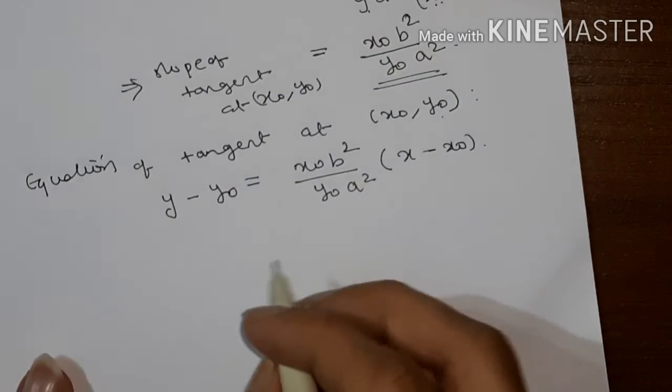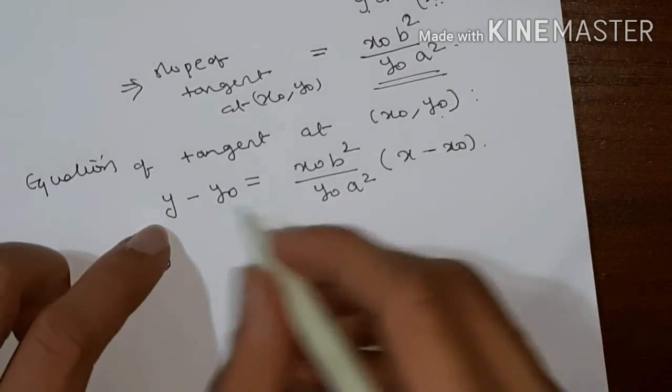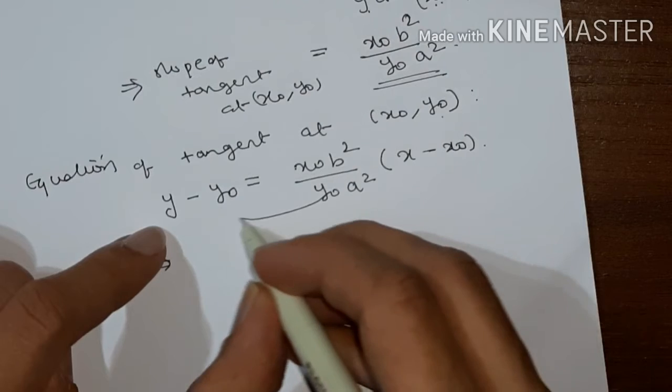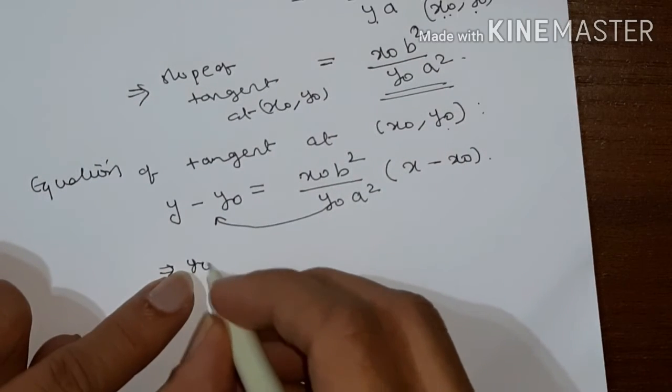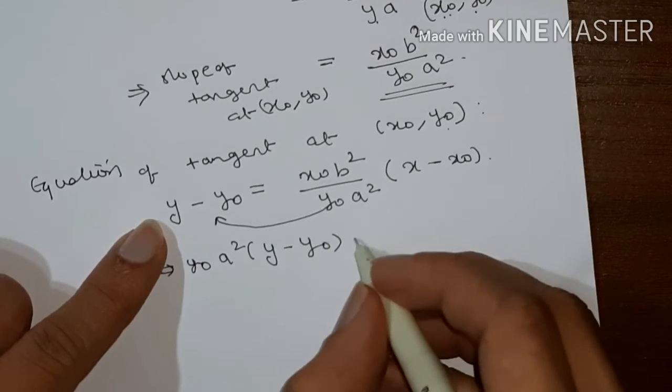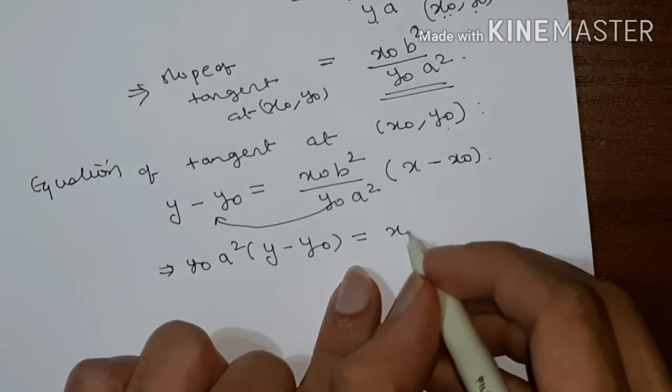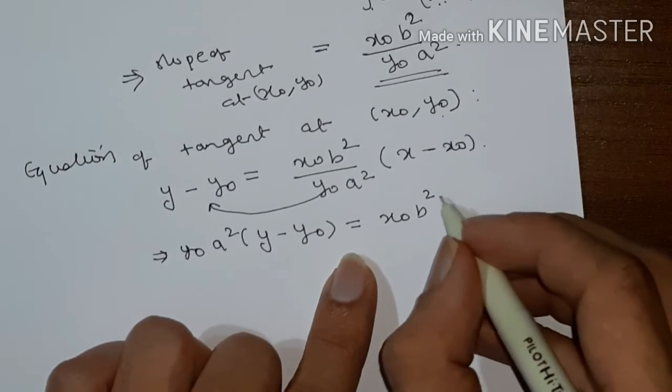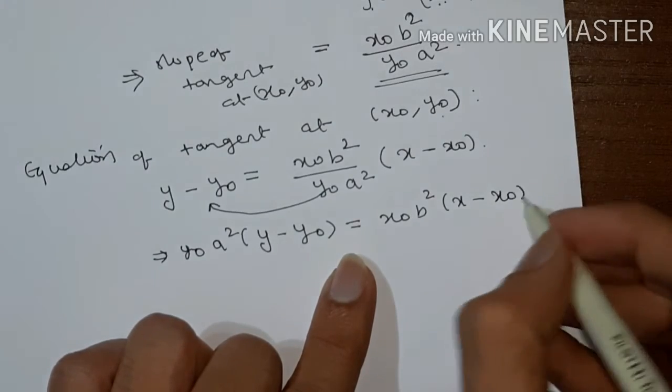Okay, so now if you simplify this, that is if you take this here, what we get is y naught a square multiplied by y minus y naught equal to x naught b square multiplied by x minus x naught.